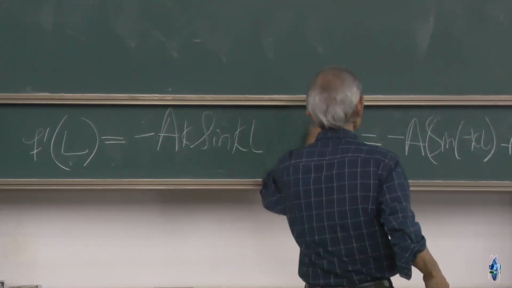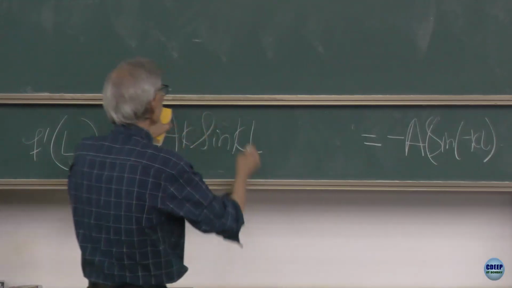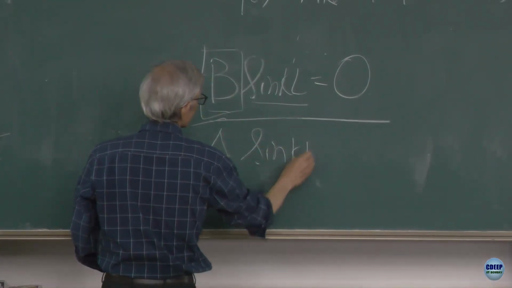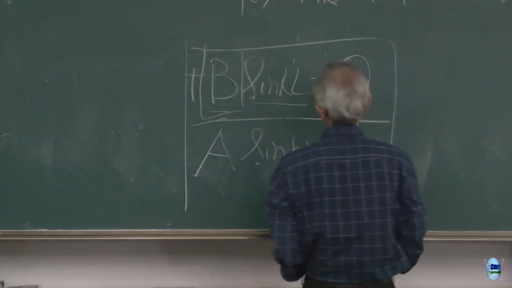So again the cos is going to go away here now, and you get a sin kl equal to 0.